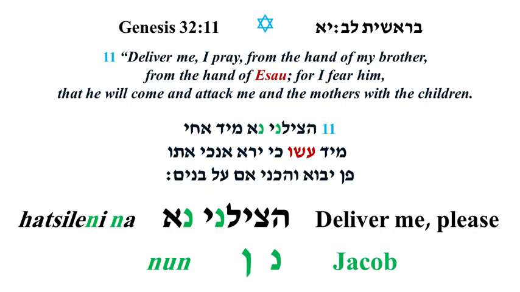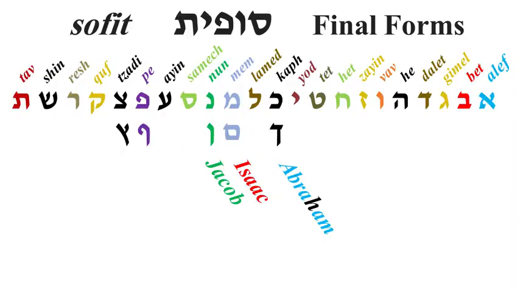So you have the ni, na. There's the repeated sound at the end of the words. And that's the part where it says, deliver me, please. So that repeated nuns point to the nun Sophite and represent Yaakov, Jacob.